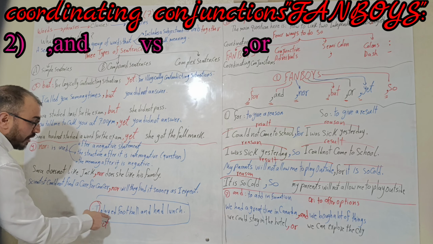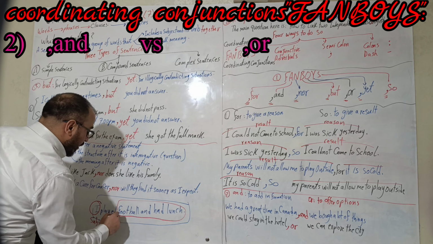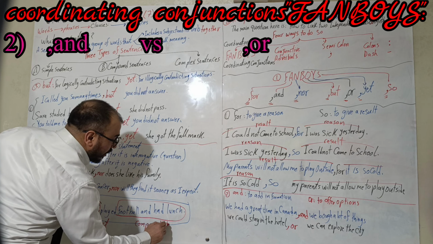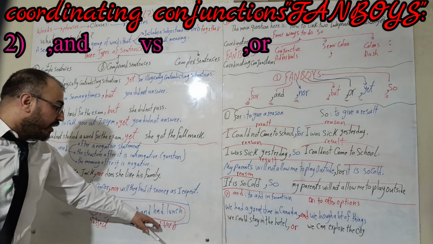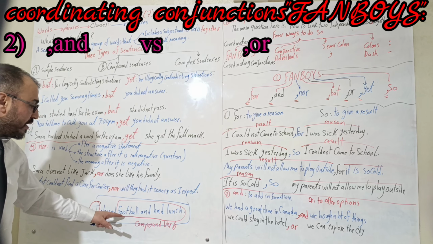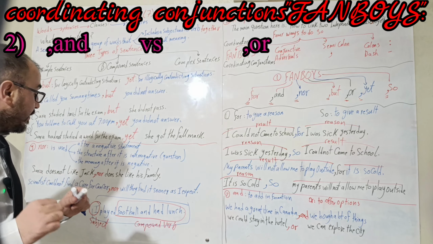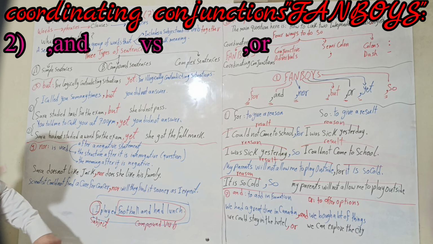And here we have two verbs. This is a compound verb. So, my friends, this is a simple sentence with a compound verb because it contains more than one verb phrase, and it doesn't include any other subject, only we have one subject.